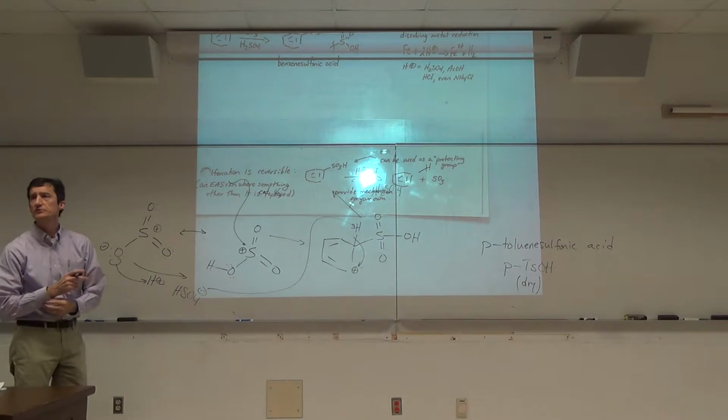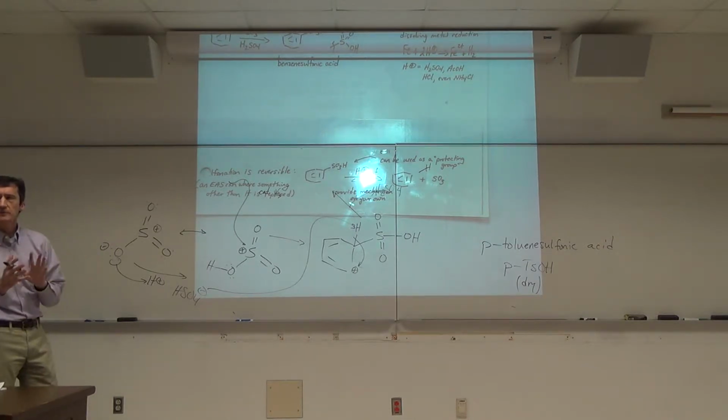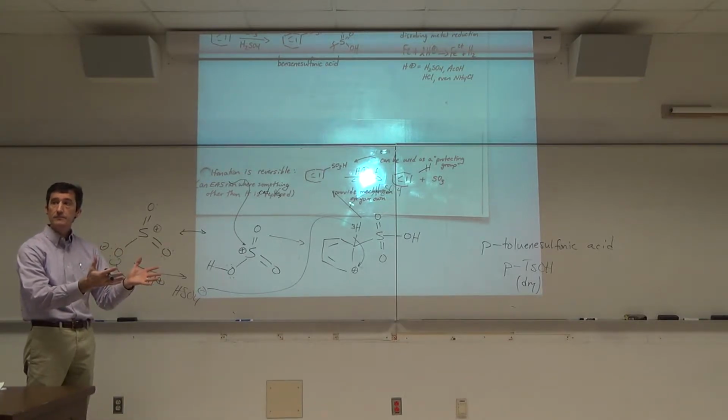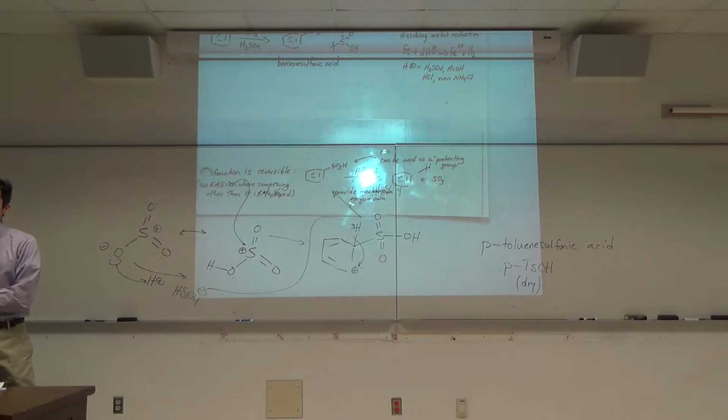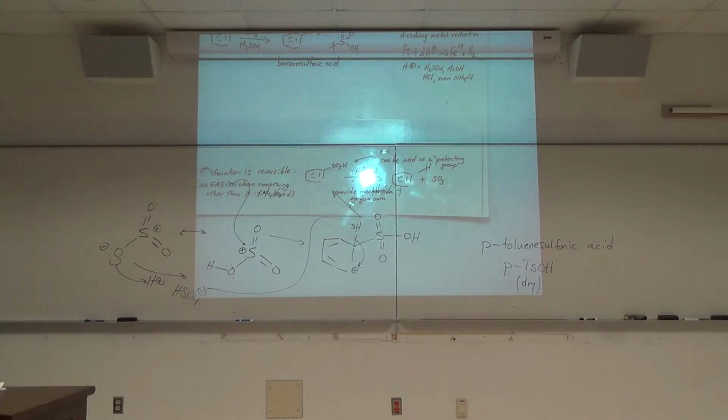It doesn't mean too much to us right now, but later on we'll see what a protecting group is about. Basically, you can put the SO3 group on, do chemistry, and then take it back off. And with the SO3 group on, it directs your chemistry while it's on, and then you get rid of it.